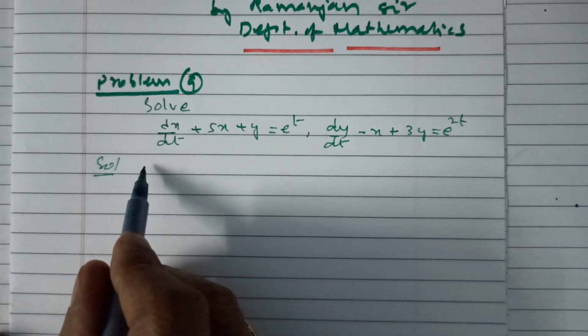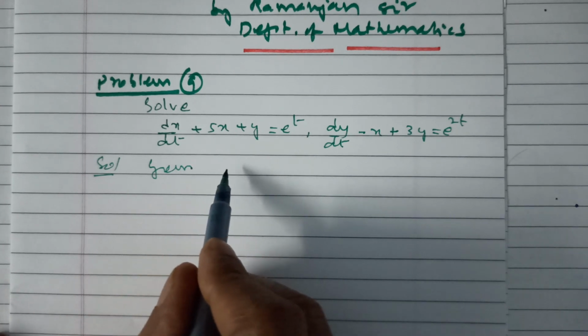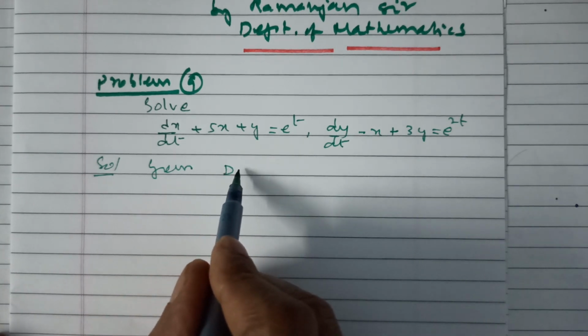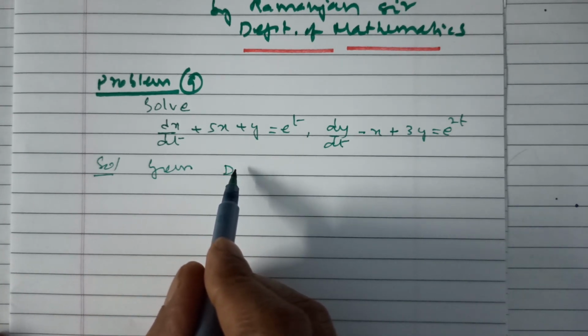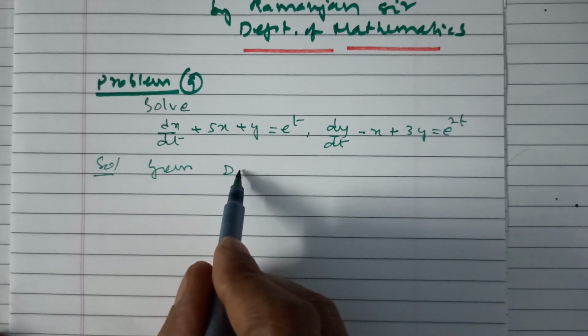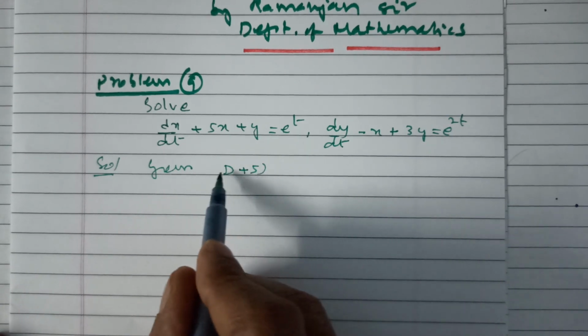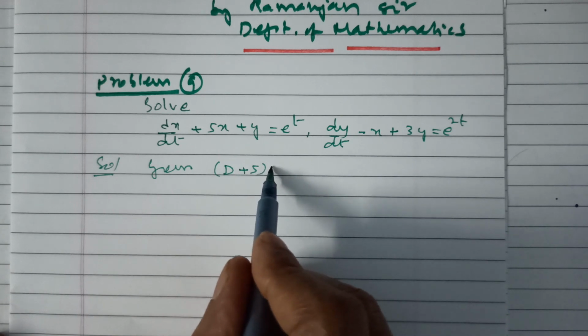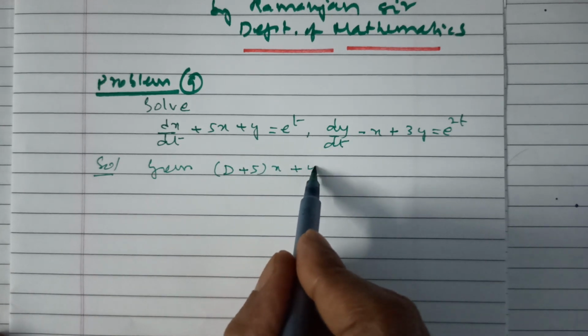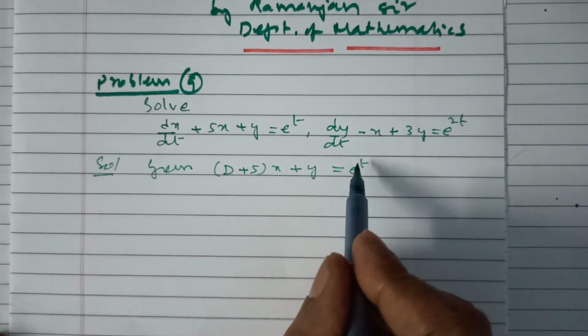Right, the given equations are (D plus 5) of x plus y is equal to e power t.